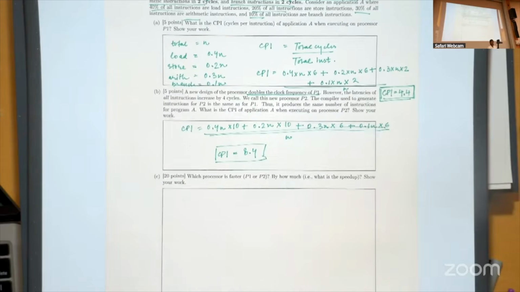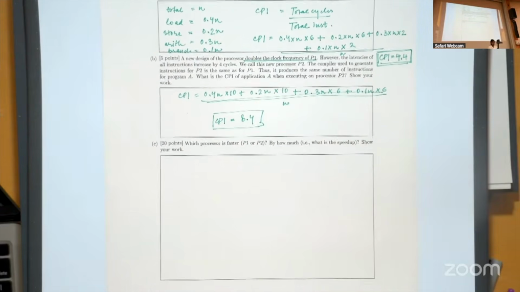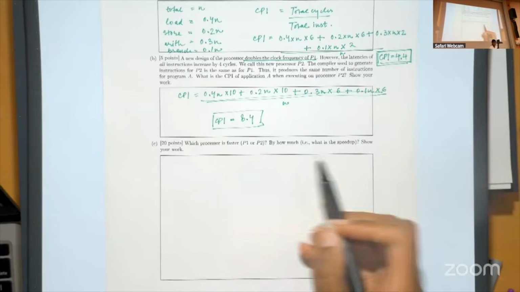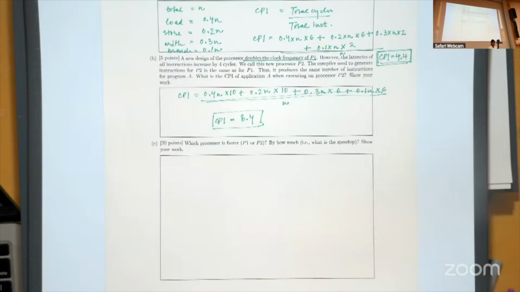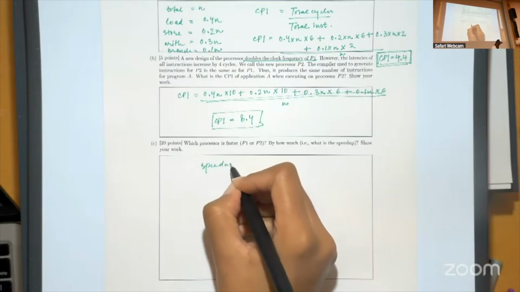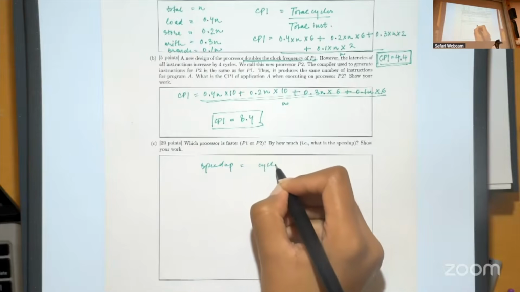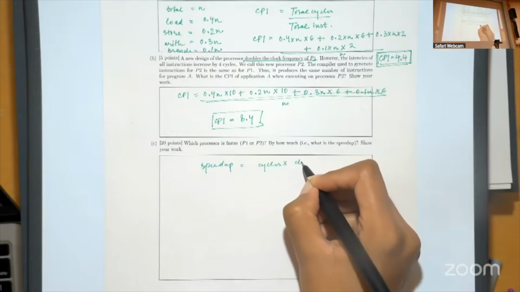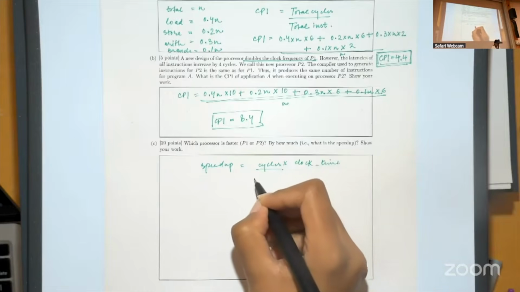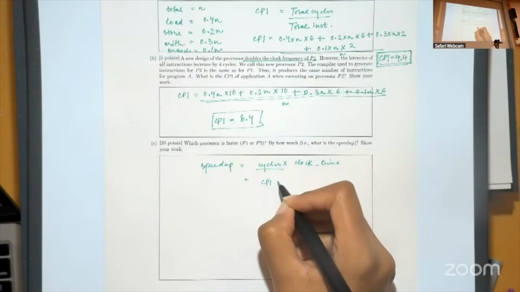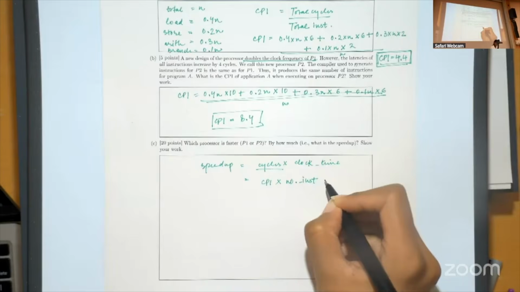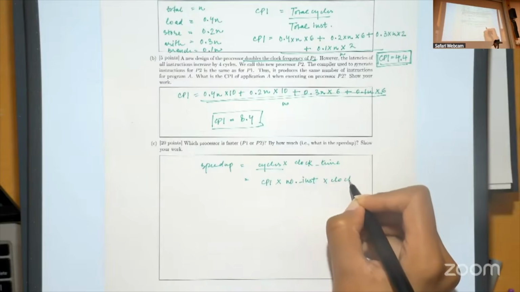I hope it's clear. Now, in the C part, you are asked which processor is faster, P1 or P2, and by how much, like what is the speedup, and we have to show our work. So execution time is total number of cycles into the clock time. And to find the total number of cycles, we can do CPI into the number of instructions into clock time. So this will be our formula.